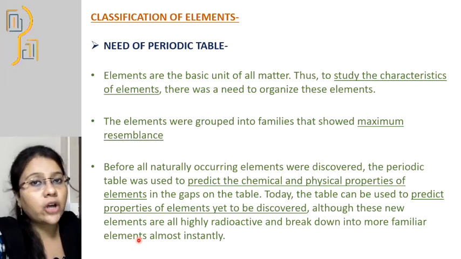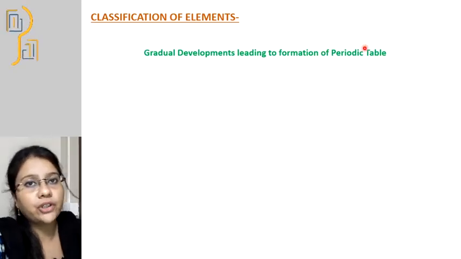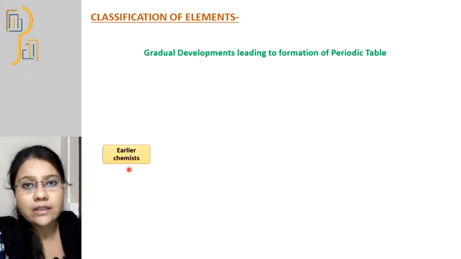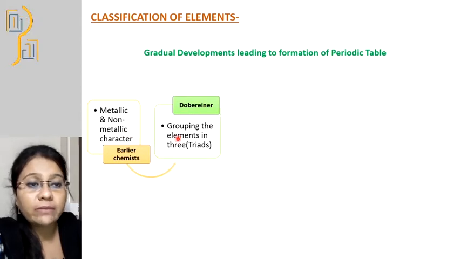But this periodic table was not formed at one go. Gradual developments led to the formation of the periodic table that we see today. Previously, earlier chemists classified elements based on metallic and non-metallic character. And then Dobereiner tried to classify the elements by grouping them in three, called the triad.